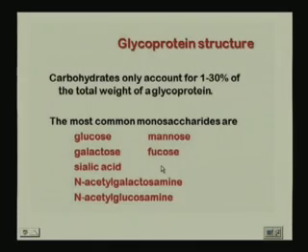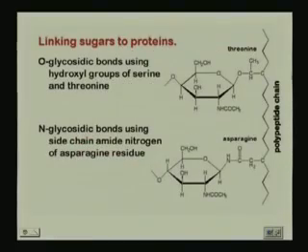But where do they link? It means they have to link to specific amino acids. If they have to be glycoproteins, it means there has to be a sugar unit that is linked to the protein. So, what is it linked by? If this is our polypeptide chain, there are different ways in which these sugars can actually link.